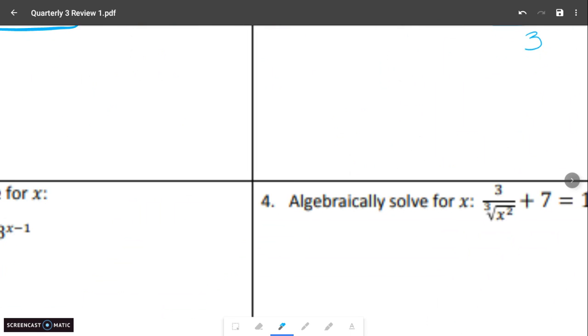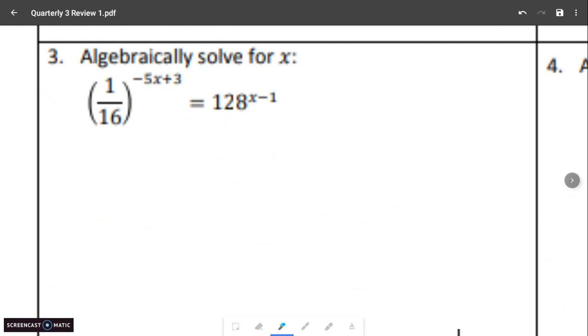All right. Question 3. Algebraically solve for x. When you're dealing with 2 exponents that contain variables, these are those questions where we try to get a like base. Now, for the first one with the fraction, if that one is throwing you off, think of it as just 16.